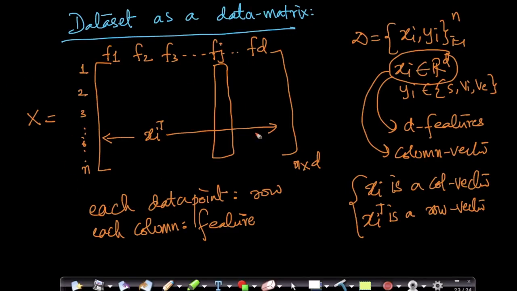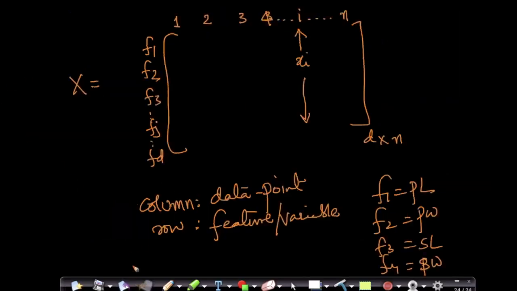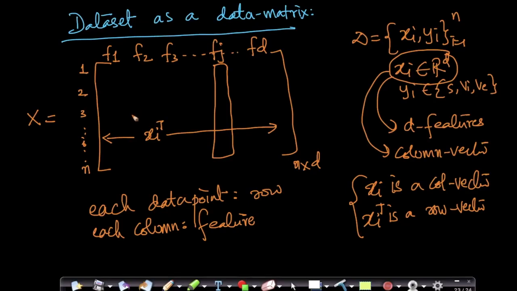Both of them are valid. In a lot of research papers, you typically find this one, because it falls naturally: xi is a column vector by default, so they just stack up all the column vectors to make a matrix like this. When I studied and during my experience, I have used the other format more. As long as somebody tells you what each column and each row is, it's okay.